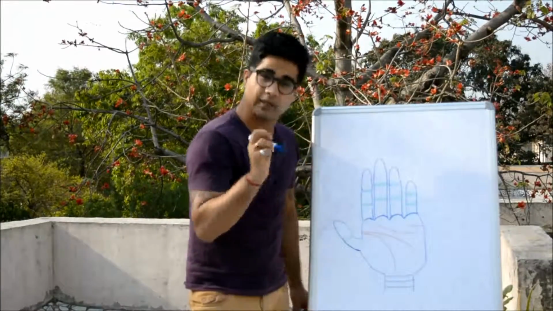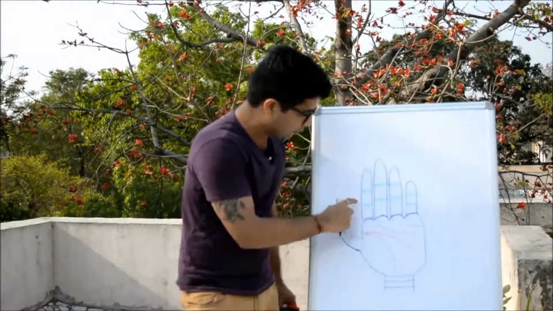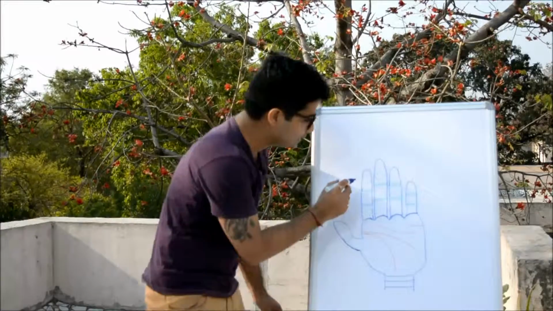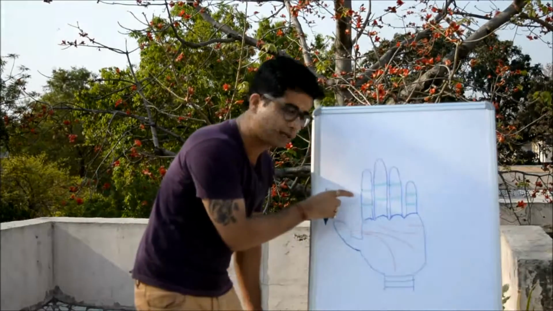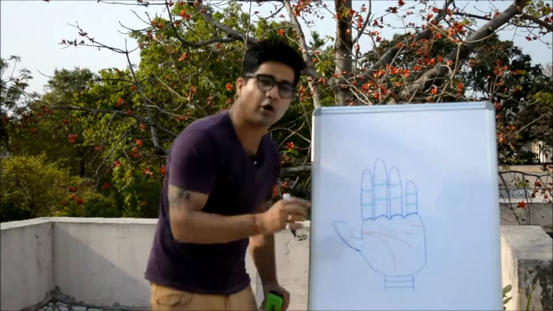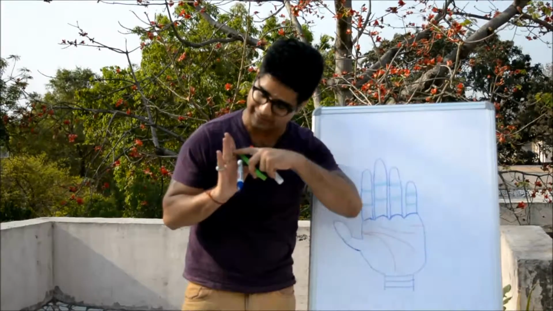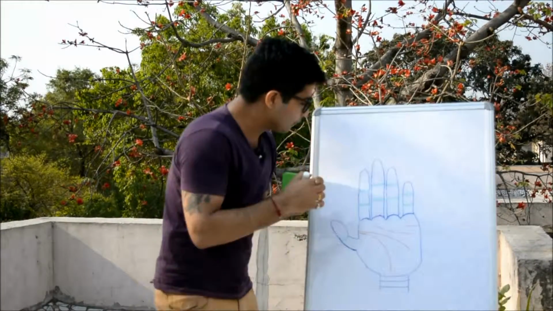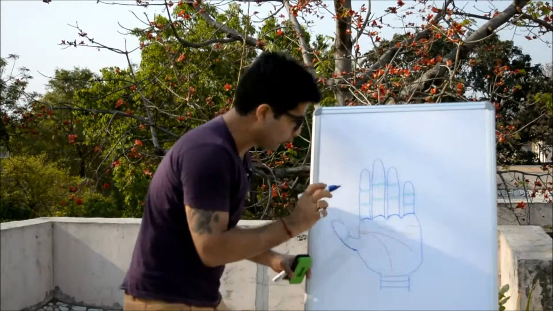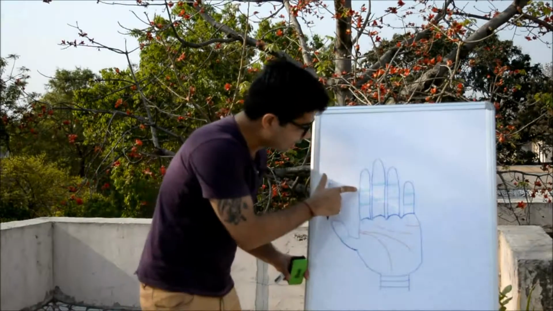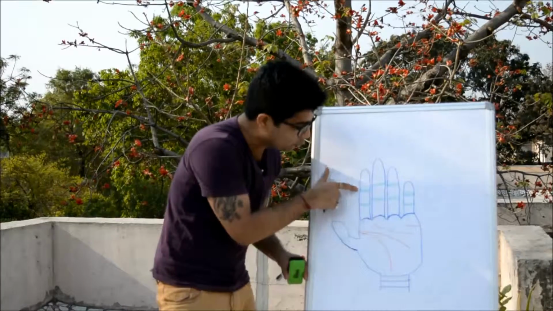The first important thing in the finger is the knots, two knots marked in green, or as you can see on your hands, these lines marked over it. Every knot divides the finger into phalanges.